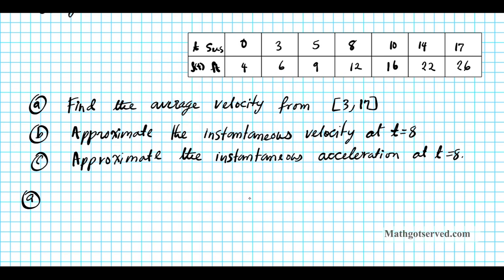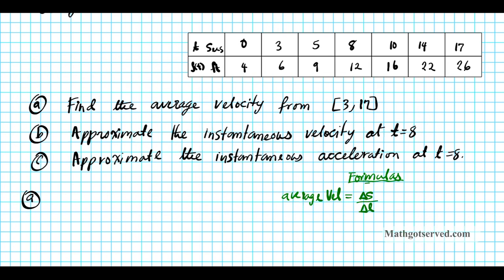Okay? So before we do that, let's write down the formula for the average velocity and average acceleration. So formulas. The average velocity is equal to delta s over delta t.